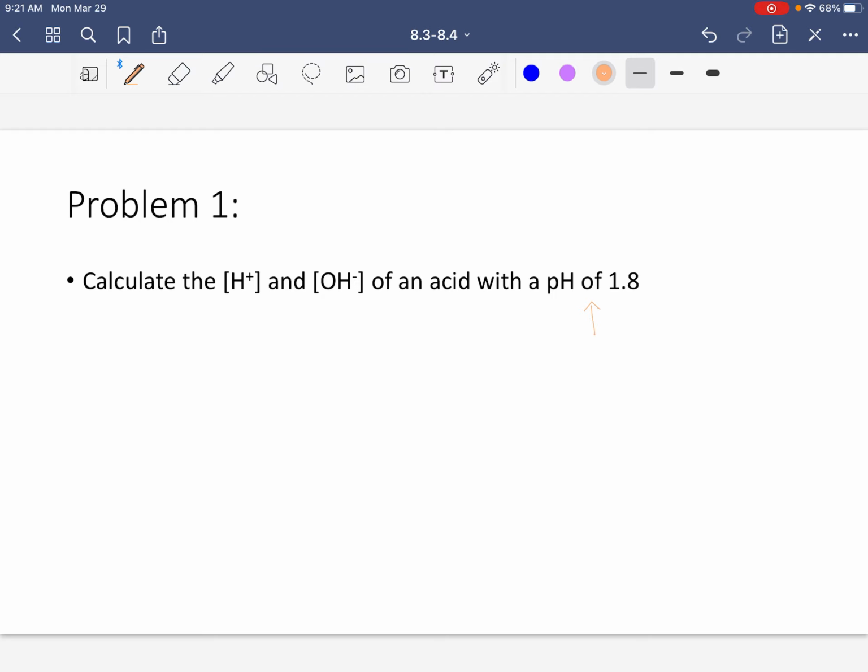We do know how to convert pH into concentration of H+. If pH is 1.8, the concentration of H+ is nothing more than 10 to the power of negative 1.8.